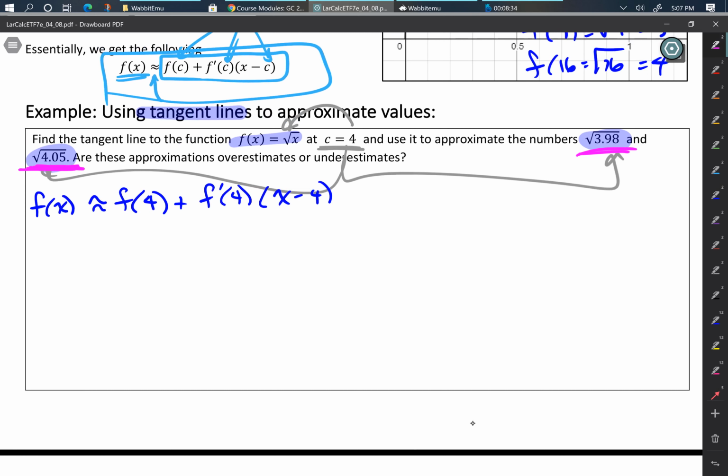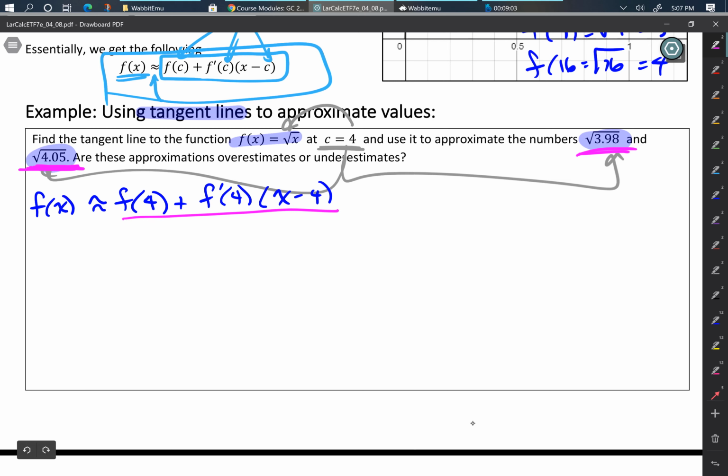So what I'm going to do is approximate the square root of 3.98 and the square root of 4.05 by drawing a tangent line to the curve f of x equals the square root of x at the point when x is equal to 4. And we call that value c. I don't know why, that's just the letter we use.